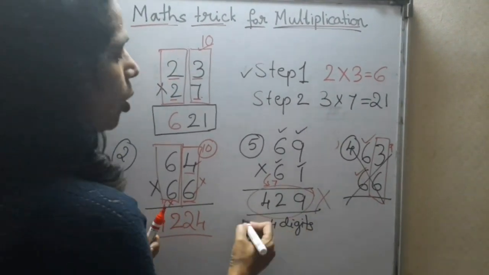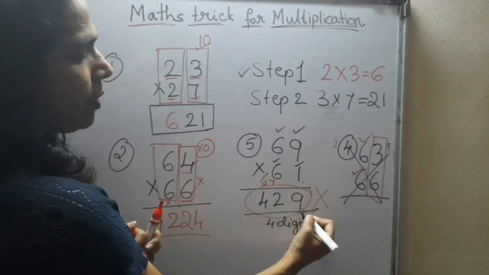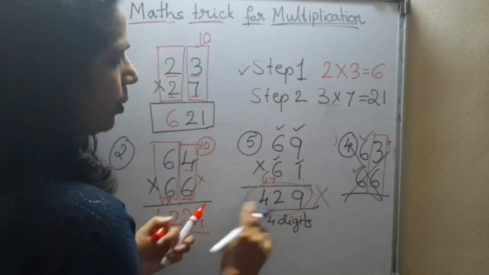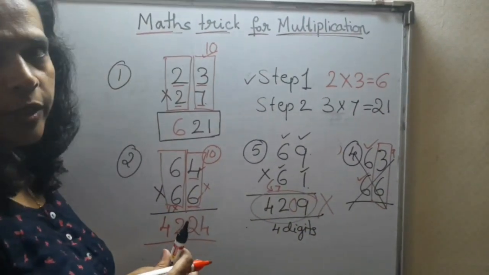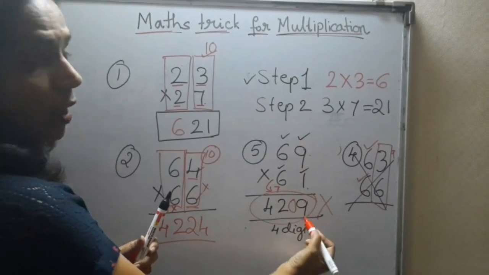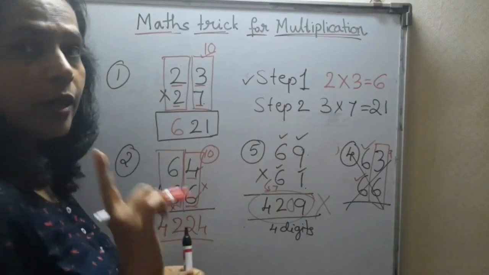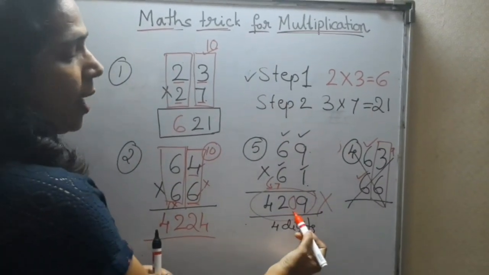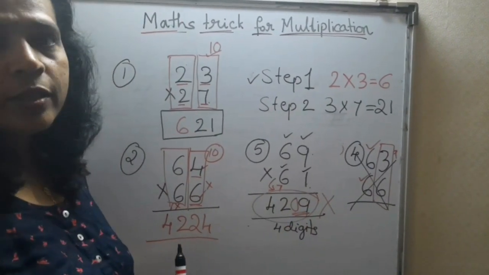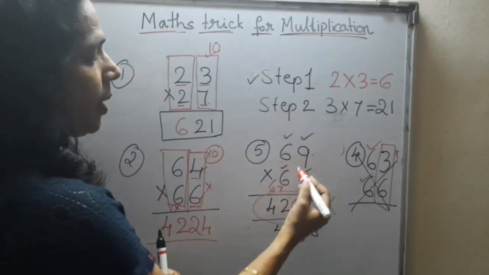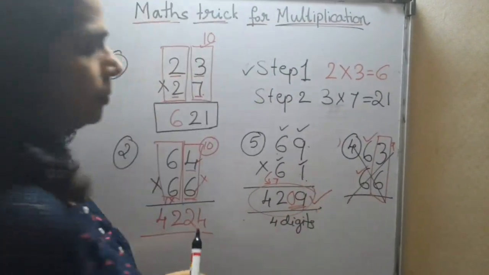So whenever you get a single digit answer in the unit place multiplication, you have to add a 0 before it to make it 2 digits. So the 69 multiplied by 61 is, now this is correct.